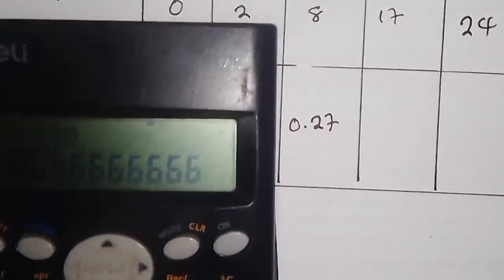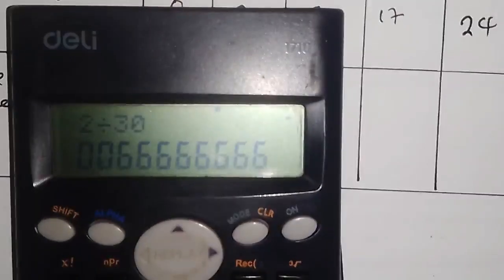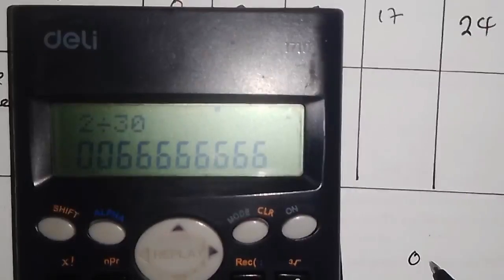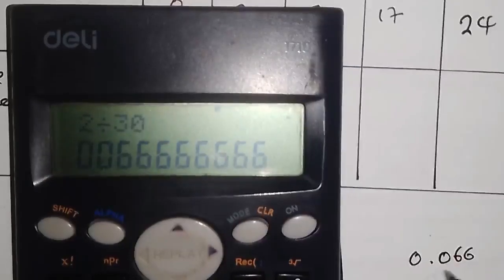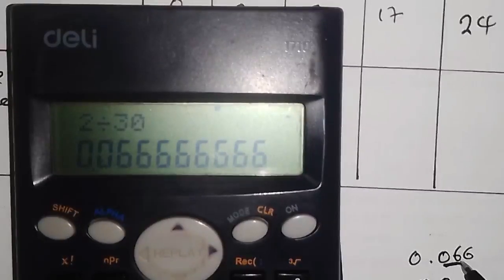If you round off this number to 2 decimal places, you get just 0.0, and then don't worry about that, just bear it in mind.